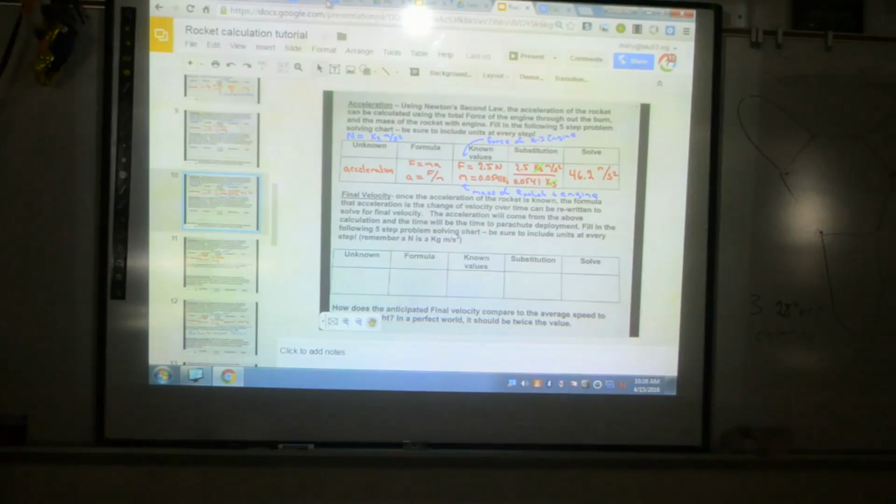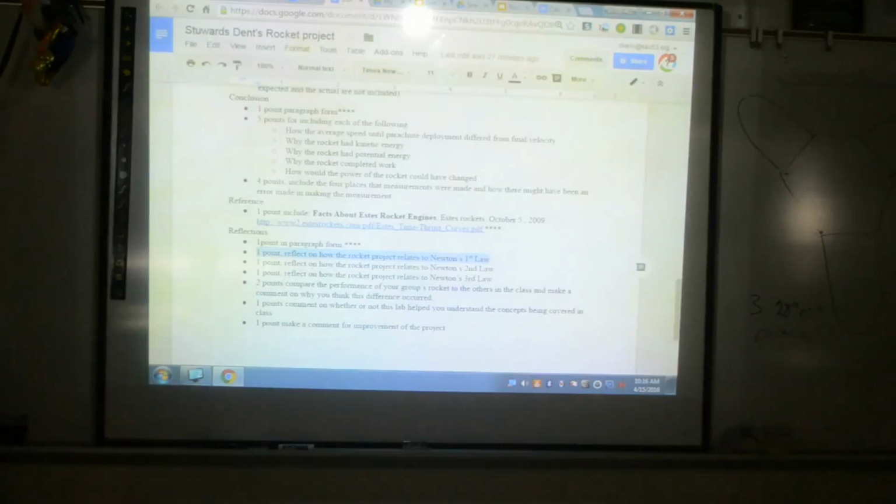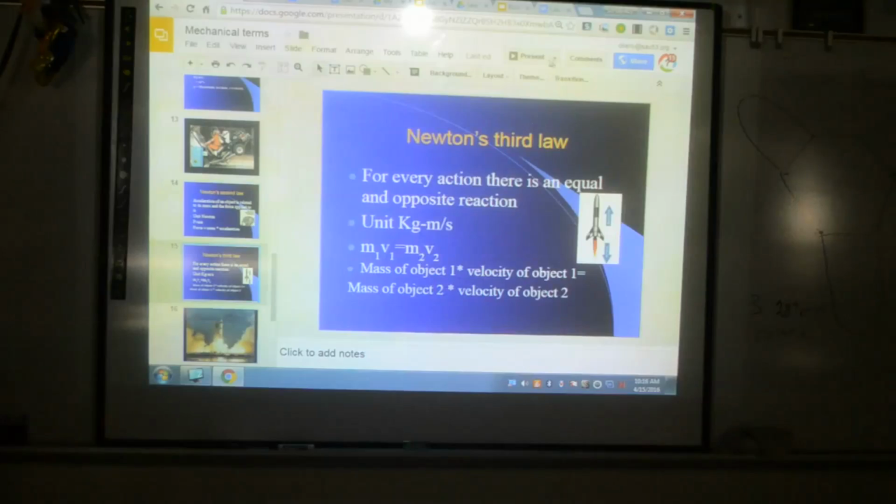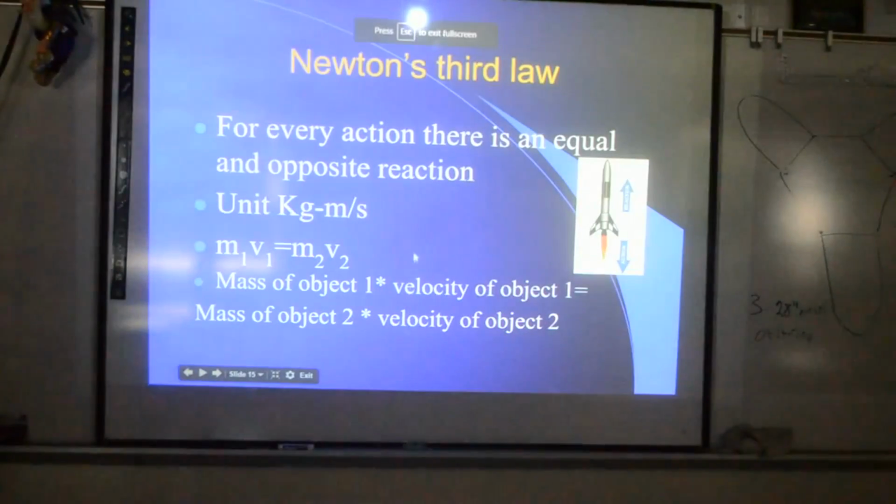Now the third law, how does it relate to that? We go back to our presentation and go to the third law. Hopefully you remember this diagram here, and it's for every action there is an opposite and equal reaction.